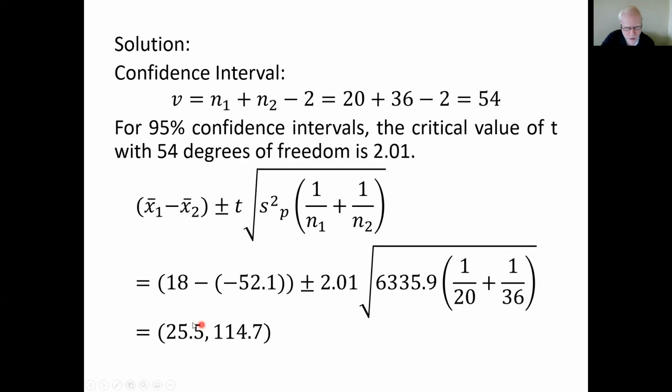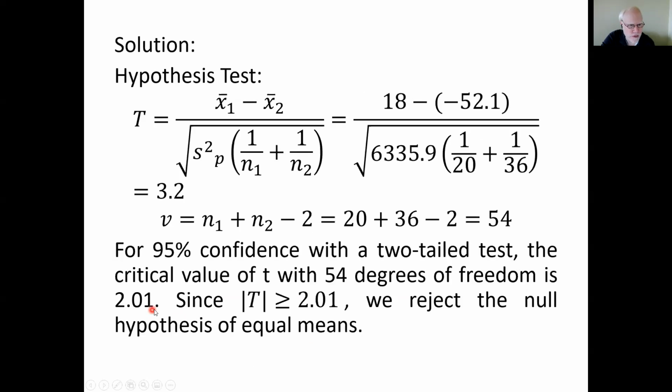So here's our hypothesis test. We put in our t formula. For getting our test statistic, we have 18 minus negative 52.1 divided by the square root of our common variance with our two sample sizes, and we end up with 3.2.